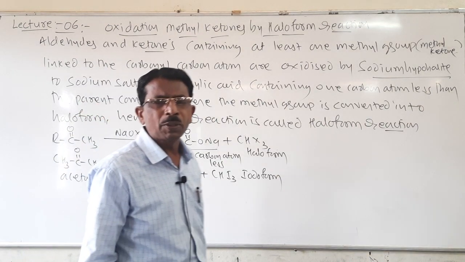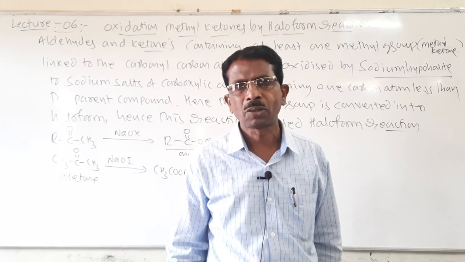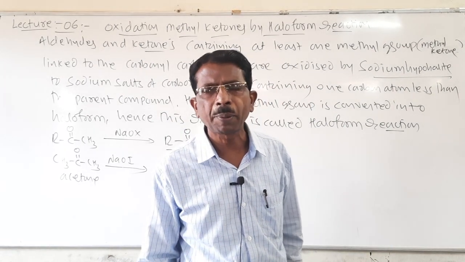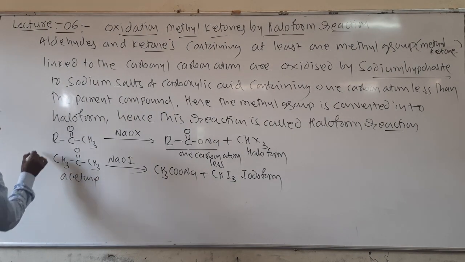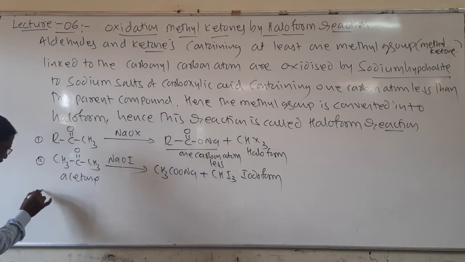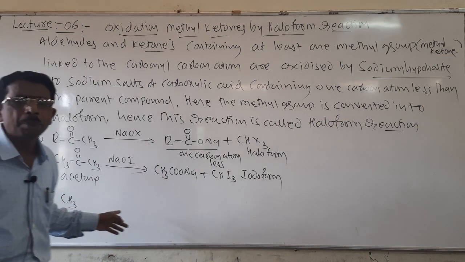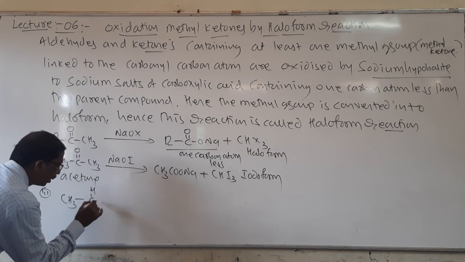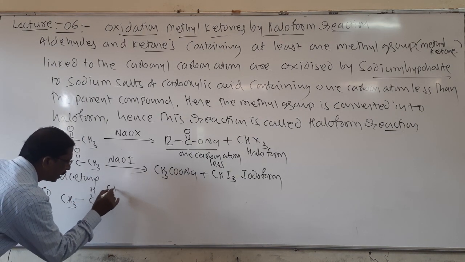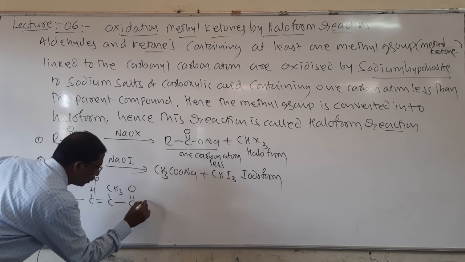And if the organic compound contains a double bond or triple bond, it does not matter for the reaction. The double bond and triple bond remain as they are. I will show another example. Look here: CH3, CH double bond C, CH3, and C double bond O, CH3.